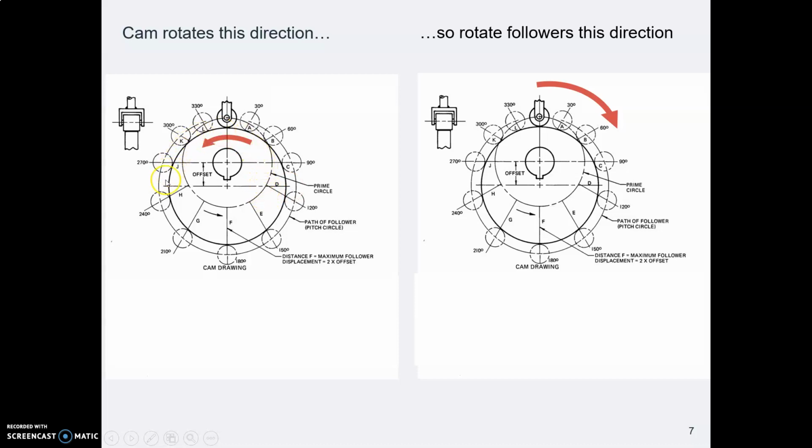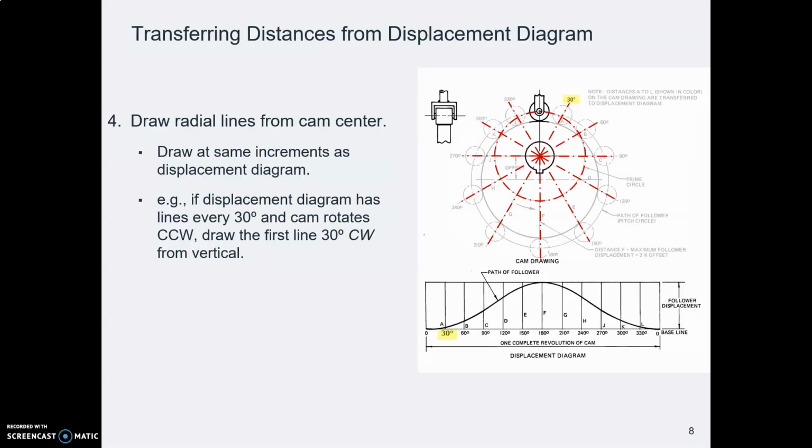If your CAM is rotating counterclockwise, you'll locate your followers in a clockwise direction. So when the CAM rotates 30 degrees, there's a follower at 30 degrees in the clockwise direction. If that bugs you, just ignore it, and we'll just look at specifically what do we do in our drawing.